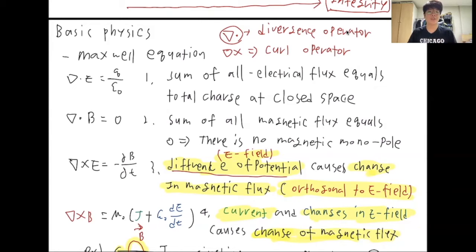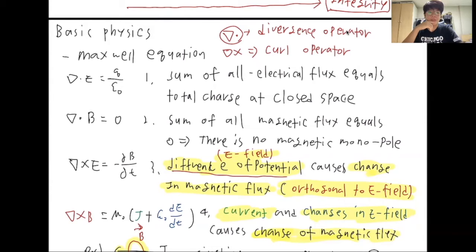And the second is that the sum of magnetic flux in a closed space equals 0, which means there is no magnetic monopole.